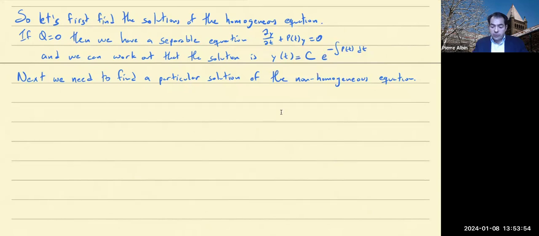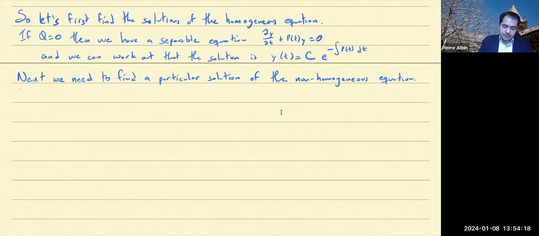So any solution of the homogeneous system has the property that if you multiply it by e to the integral of p, you get a constant. So what we want to do is think about what happens to the solutions of the non-homogeneous system if you multiply them by e to the integral of p of t.